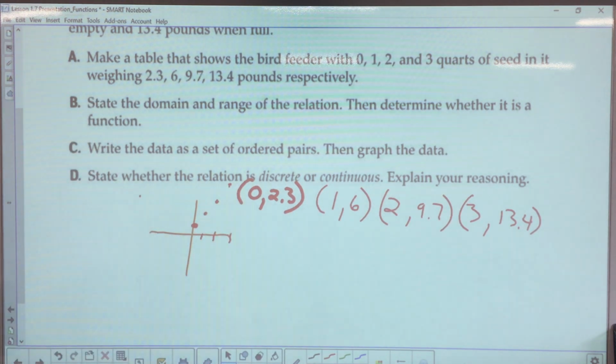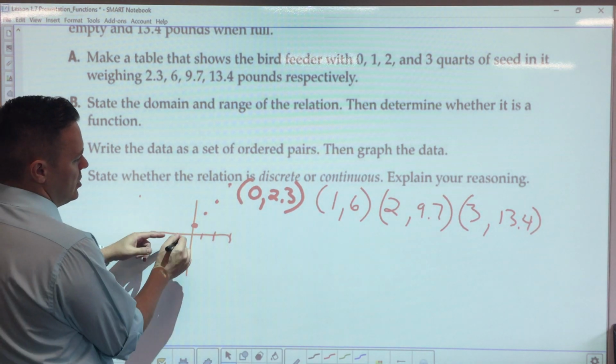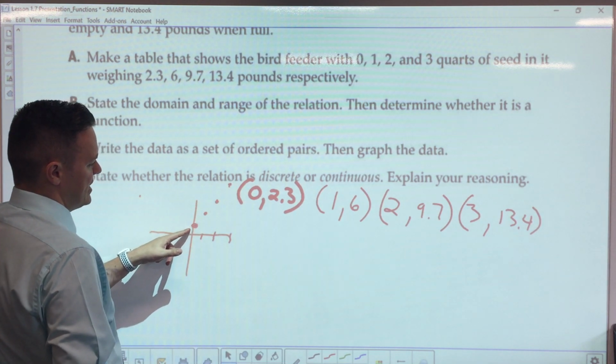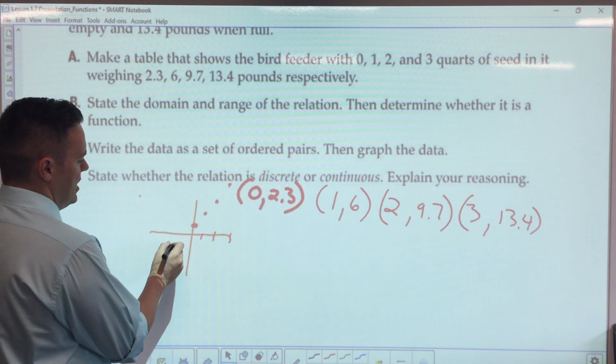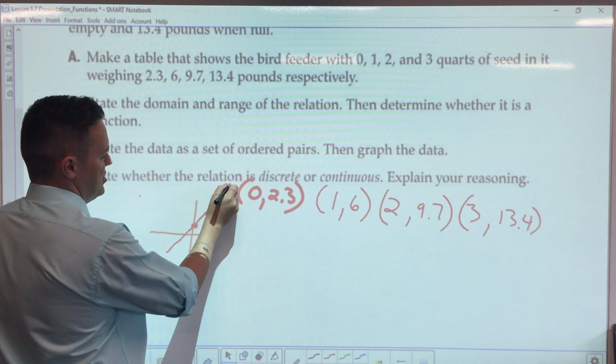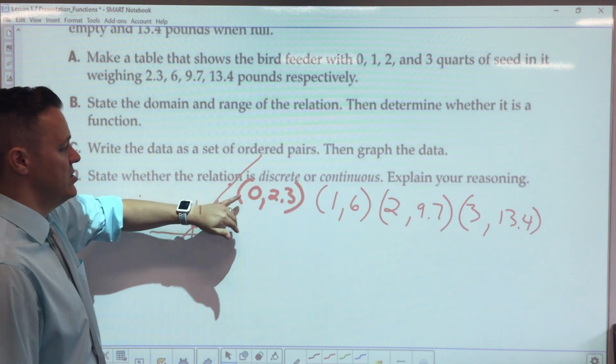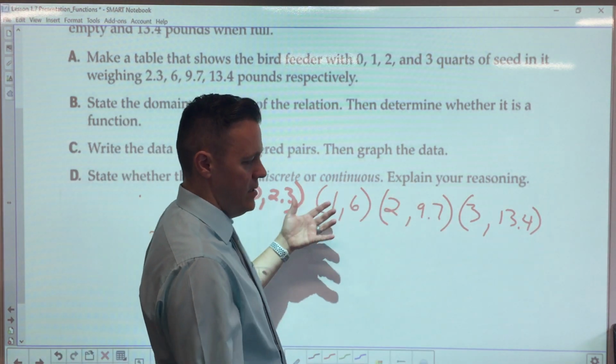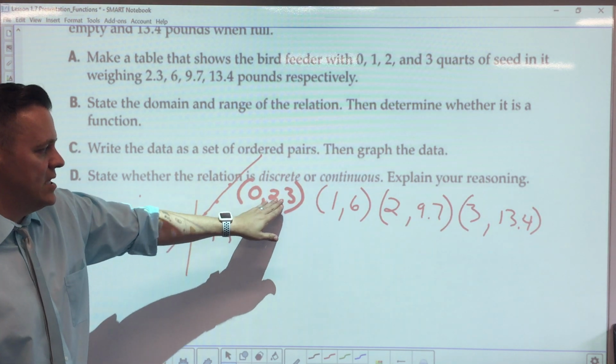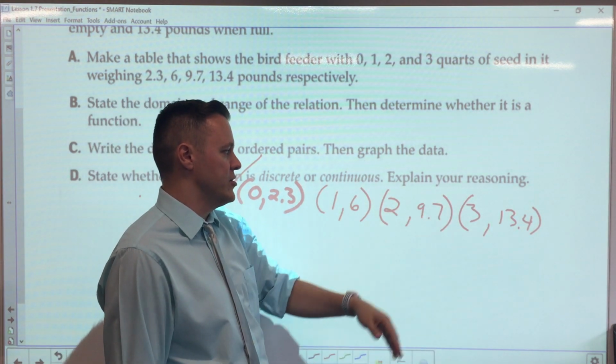Now, what happens with this, ladies and gentlemen, is when you're going along, if I were to actually connect the dots on this one, okay, does this look like a continuous line? The answer to this is yes. Okay, so state your domain and range. Domain 0, 1, 2, 3. That's kind of set up. The range 2.3, 6, 9.7, 13.4.